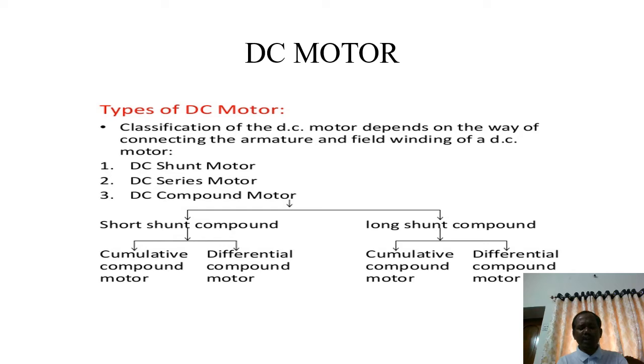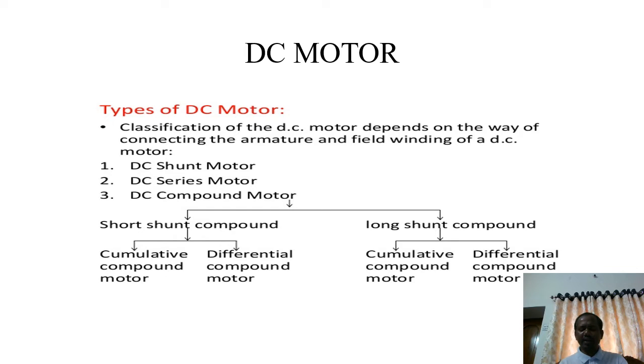Again, compound motors are of two types: short shunt compound motor and long shunt compound motor. Short shunt compound motors are of two types: cumulative compound motor and differential compound motor. Long shunt compound motors are also of two types: cumulative compound motor and differential compound motor. These are the classification of DC motors: DC shunt motor, series motor, compound motor.